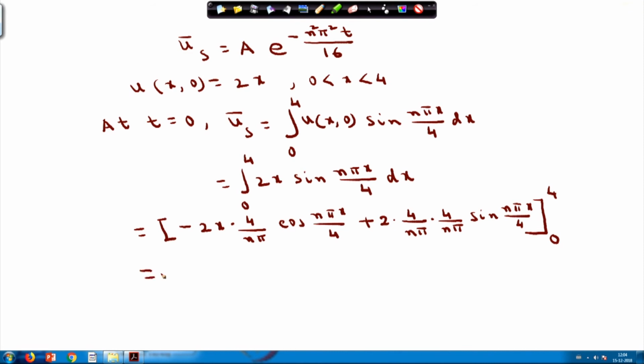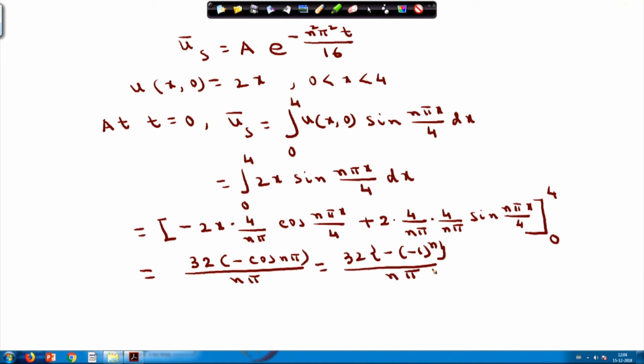If you put the limits, you can see that the value becomes 32 into minus cos n pi by n pi, which is 32 into minus 1 to the power n by n pi. So, this will become minus 1 to the power n plus 1 into 32 by n pi. So, at t equals 0, you are obtaining u bar s as this.